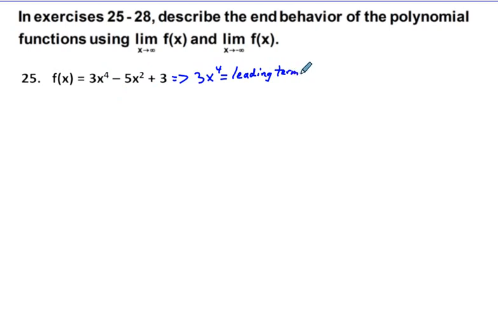And our leading term is going to be even natured because of the fourth power, so we'll say even degreed, positive.